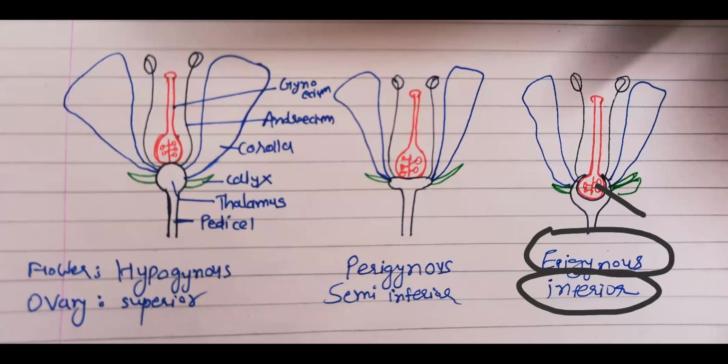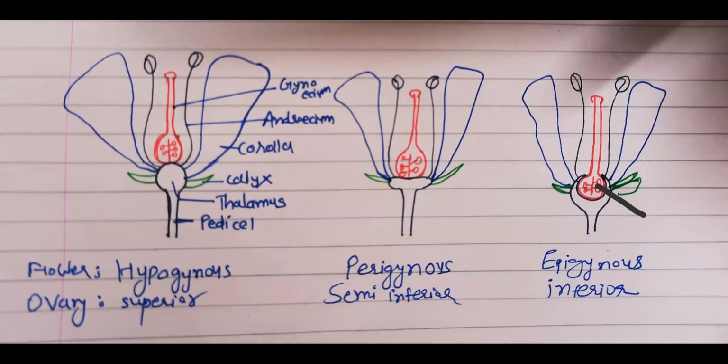Remember, flower we call epigynous, position of ovary inferior, and the shape of the thalamus is cup shape. So on the basis of the position of the ovary, we divide flowers into three types: superior ovary, hypogynous; semi-inferior ovary, perigynous; and inferior ovary, epigynous.